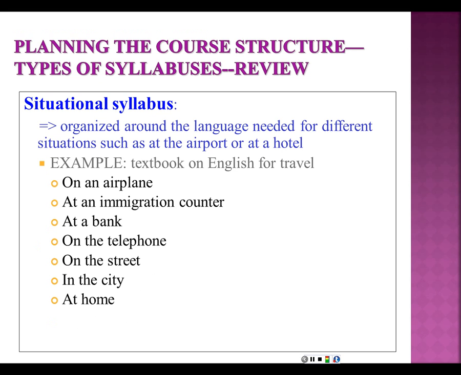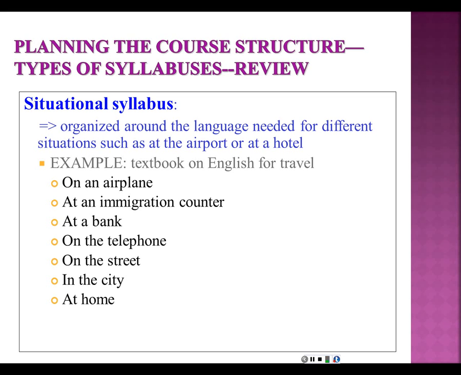A situational syllabus is somewhat similar to a task-based syllabus in that it is based on a situation that the students might find themselves in. But this syllabus is older, probably from the 1980s, yes.